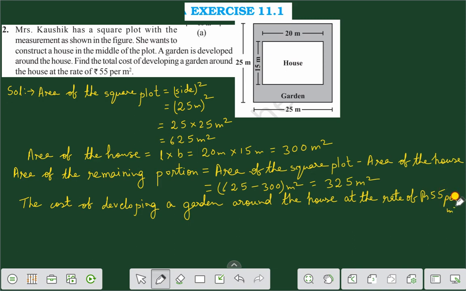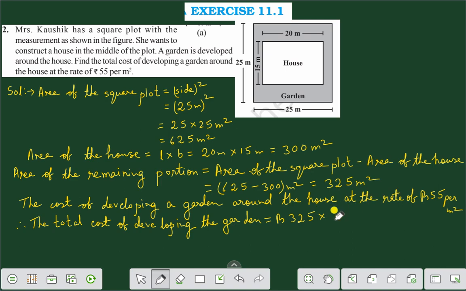Therefore the total cost of developing the garden is equal to rupees 325 into 55.